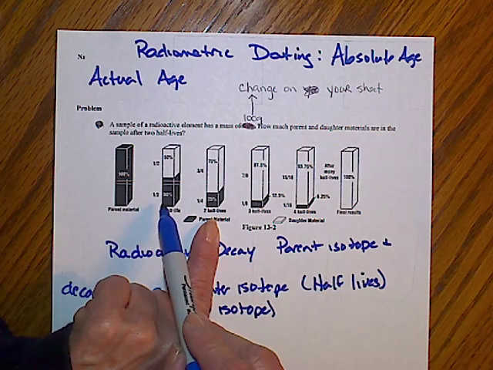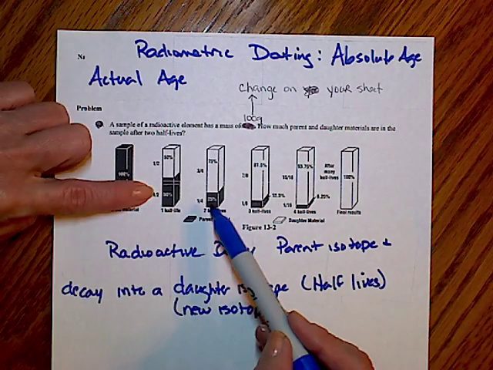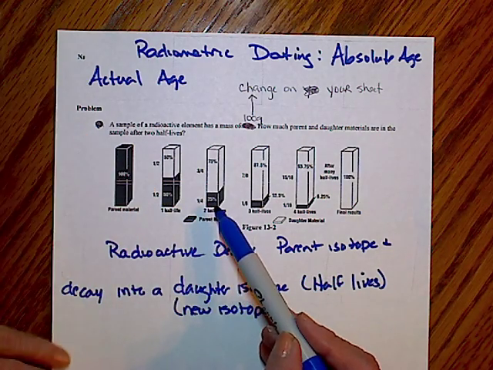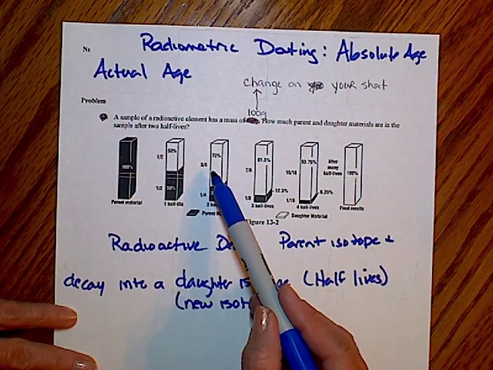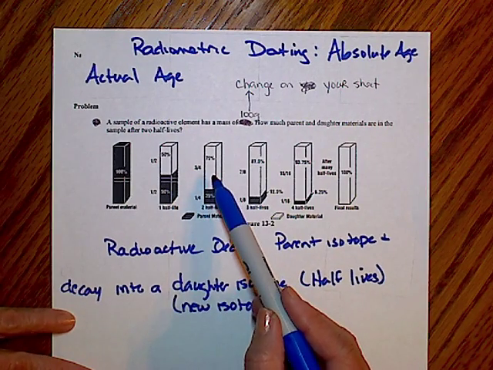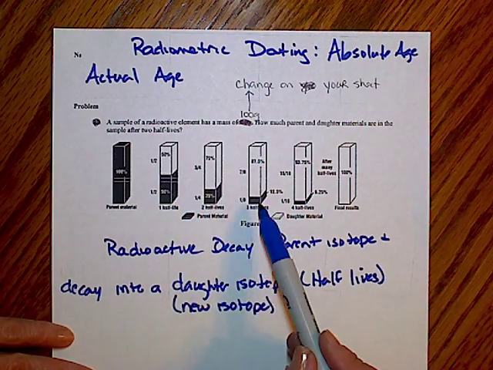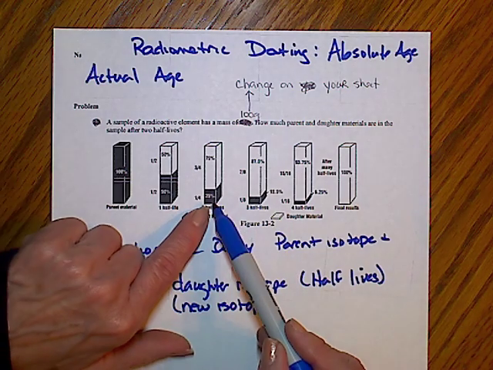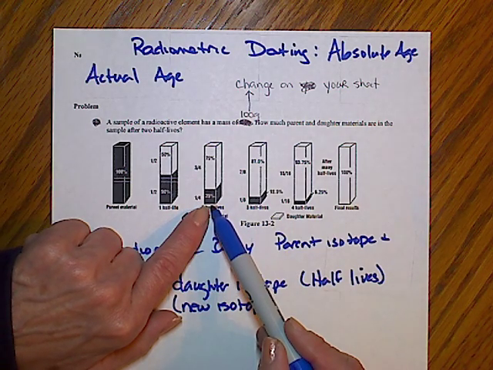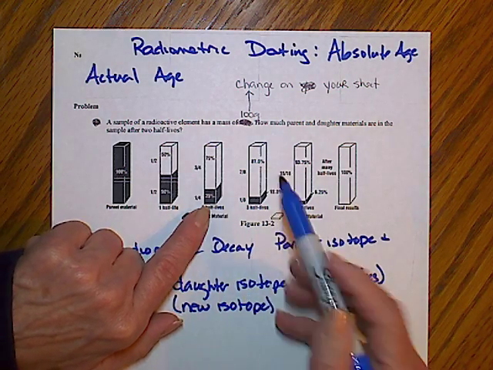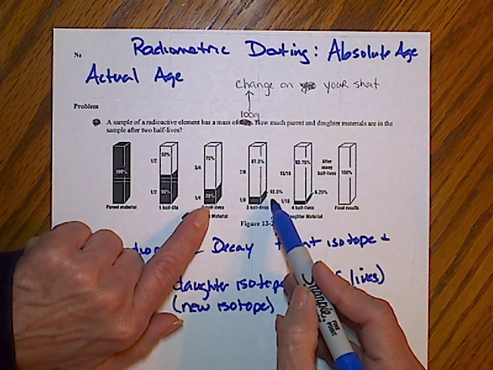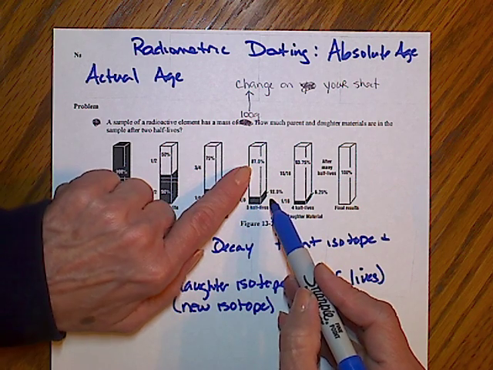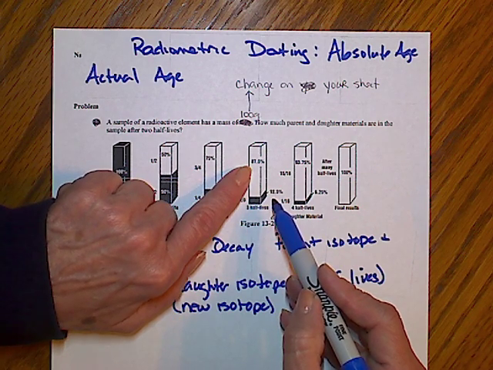So I had 50% here of my parent. So now I will have 25% parent and 75% daughter. In my third half-life, I will then lose half of my 25%, which is 12.5%, making my daughter 87.5%.